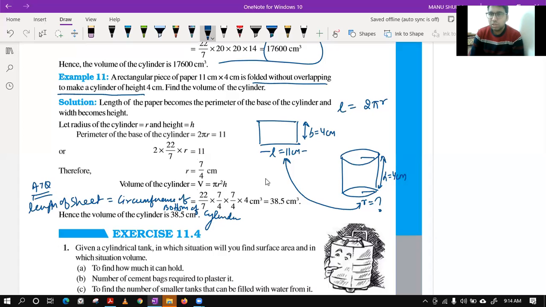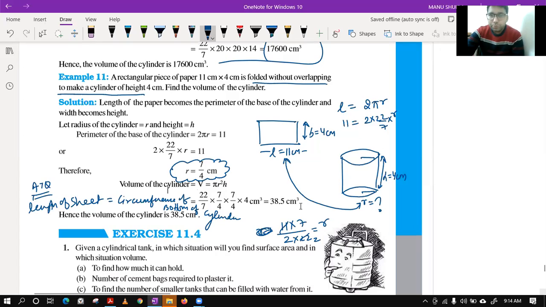L is 11, so 11 = 2 into 22 by 7 into r. So r = 11 into 7 upon 2 into 22. If you solve, the radius is 7 upon 4 centimeter, and now you have all the required things to find the volume of the cylinder.